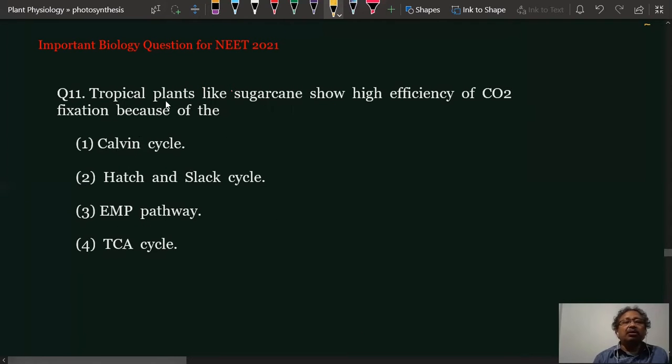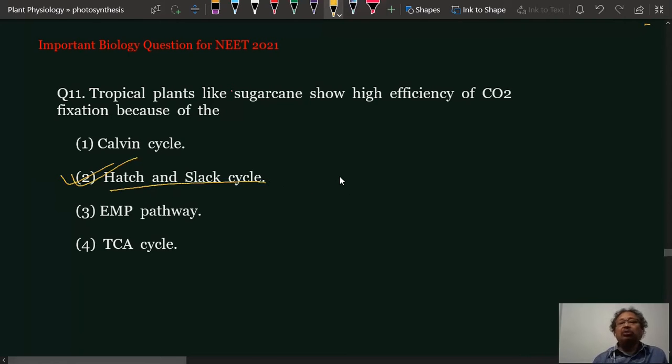Question 11. Tropical plants like sugarcane show high efficiency of carbon dioxide fixation because of the, options are Calvin cycle, Hatch and Slack cycle, EMP pathway, TCA cycle. This is due to presence of Hatch and Slack cycle.